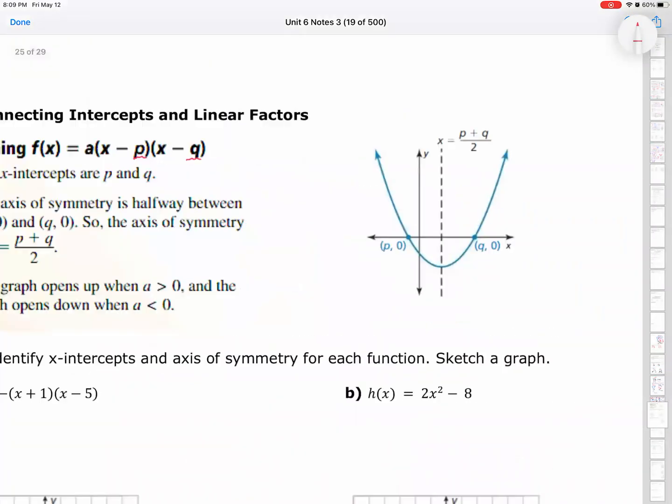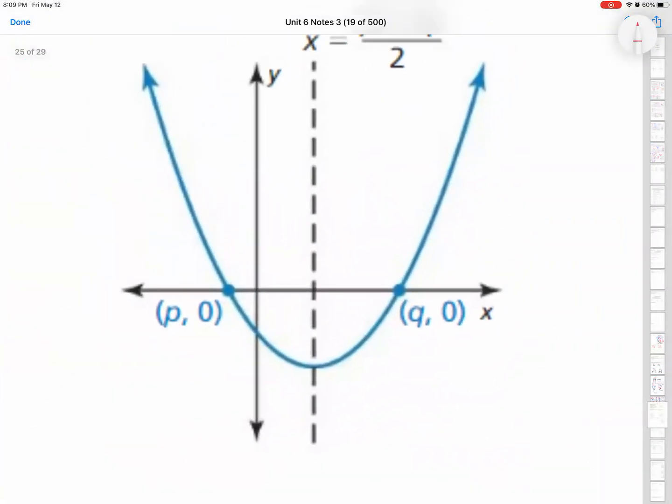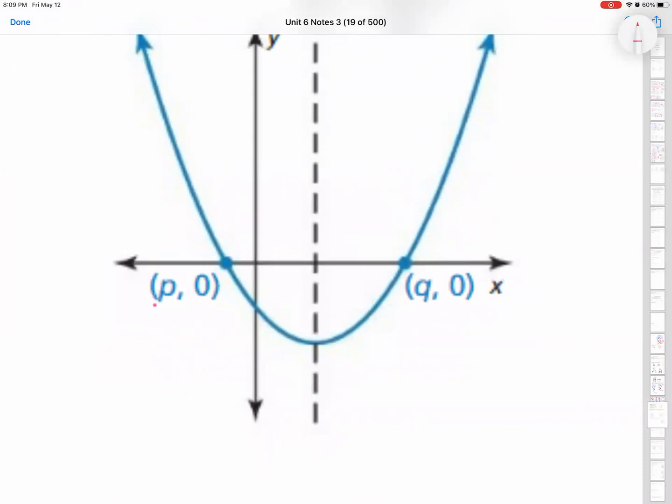As we can see here, here's a prime example of what I'm talking about. You see it happening at p comma 0 and at q comma 0, because it's crossing the x-axis. Now to find the axis of symmetry, it's literally just the in-between point of those, at least the x value.